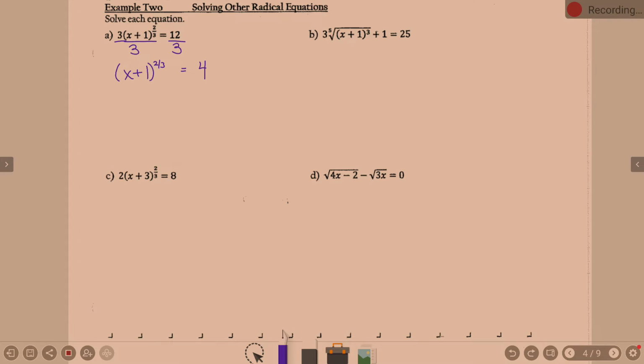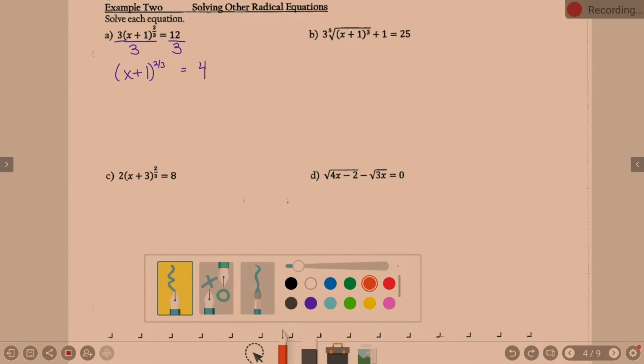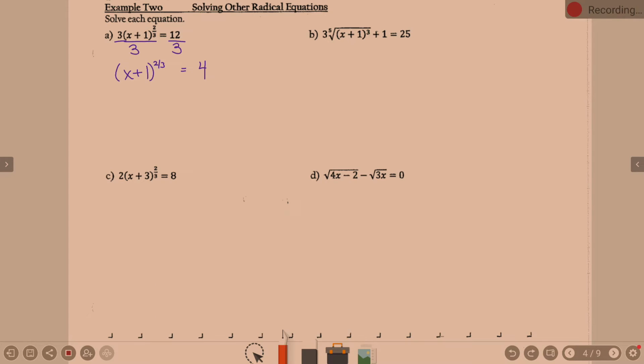So I'm going to multiply this power of 2/3 by another power that's going to give me a power of 1. 2/3 times what will give you 1? 3 over 2? I'm going to raise this to the reciprocal power.